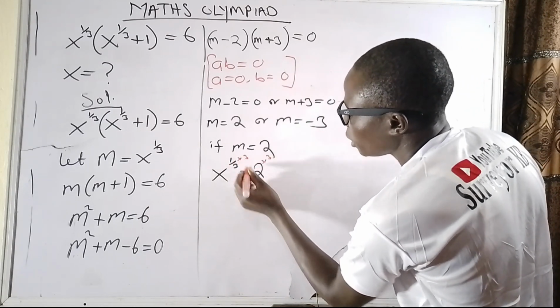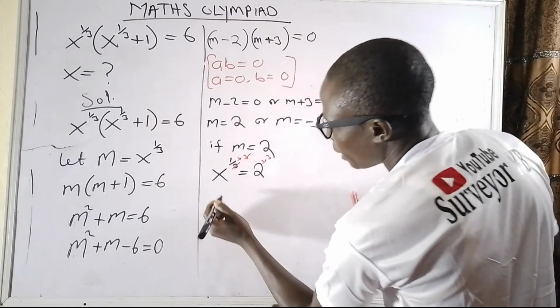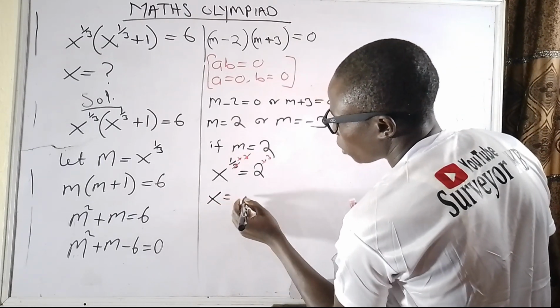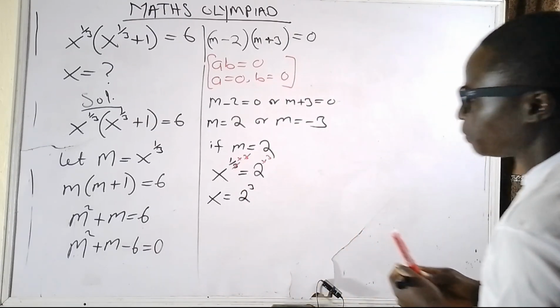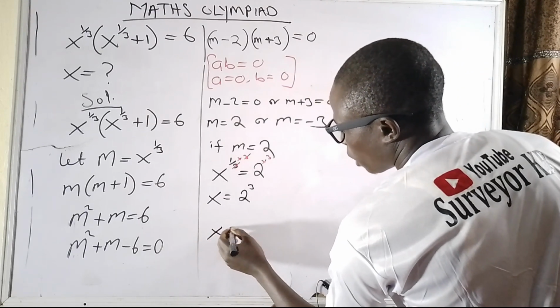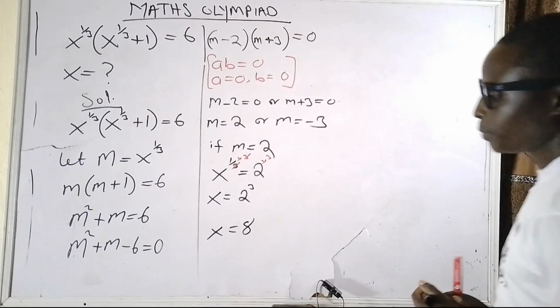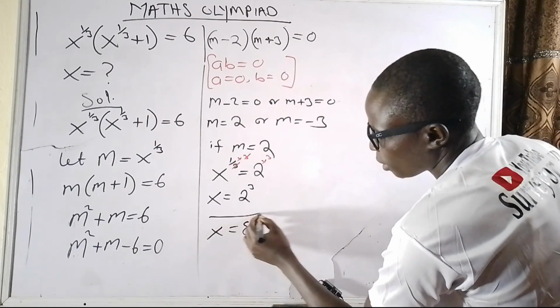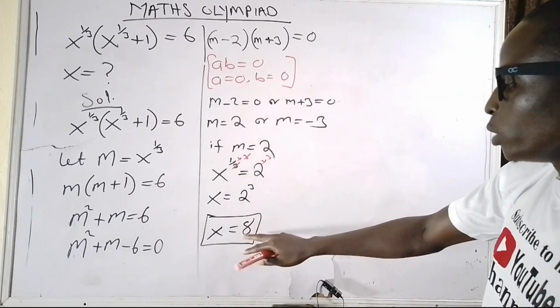This will be raised to the power 3, so that my x will now be equal to 2 raised to the power of 3, which is 8. So the value of x when m is equal to 2 is 8.